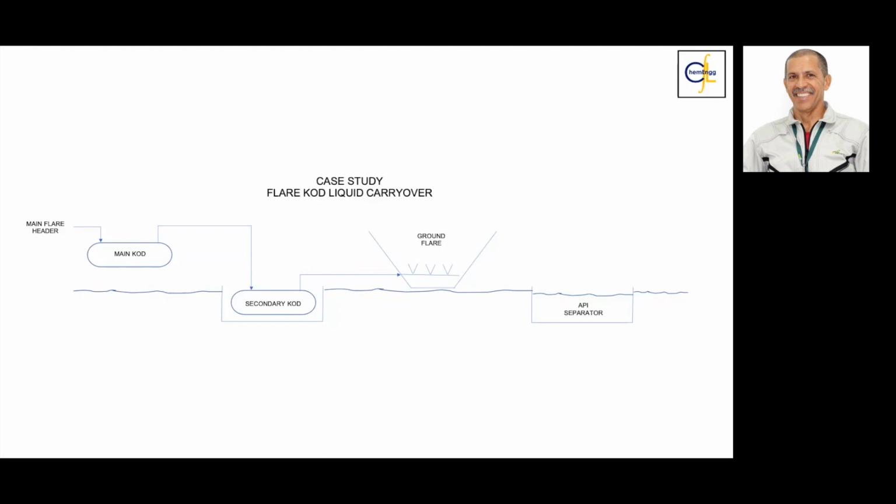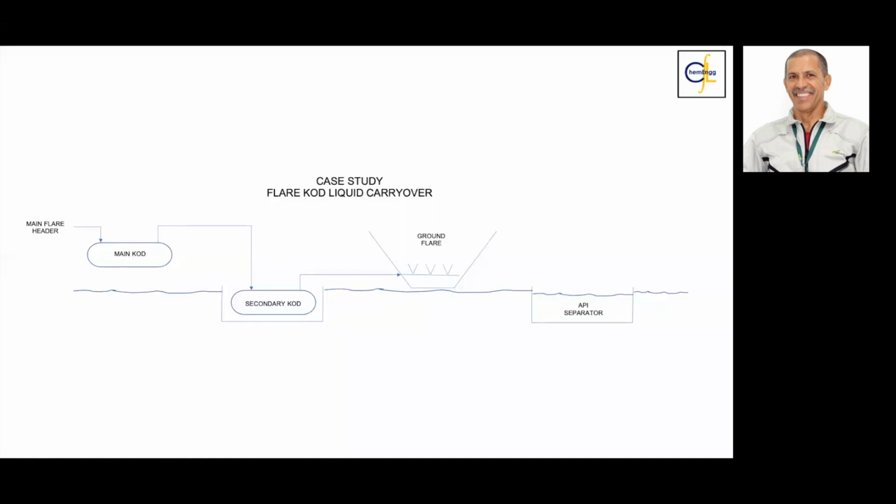Because remember that in the main knockout drum, normally you have no liquid. When we have a release from a pressure safety valve, this stream is mostly gas, so we have few liquids. Just to size this KOT, we specify one volume of liquid there, and you install here a pump that starts and stops. So it's an on-off pump.